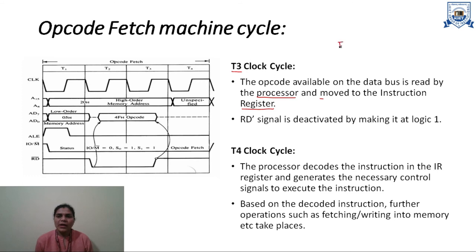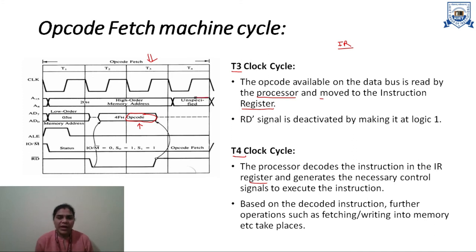So now the IR register will have the instruction or opcode. So in the T3 state, this opcode which is uploaded on the data bus by the memory will be read by the processor. And in the next T4 state, the processor decodes the instruction present in the IR register and generates the necessary control signals to execute the instruction.